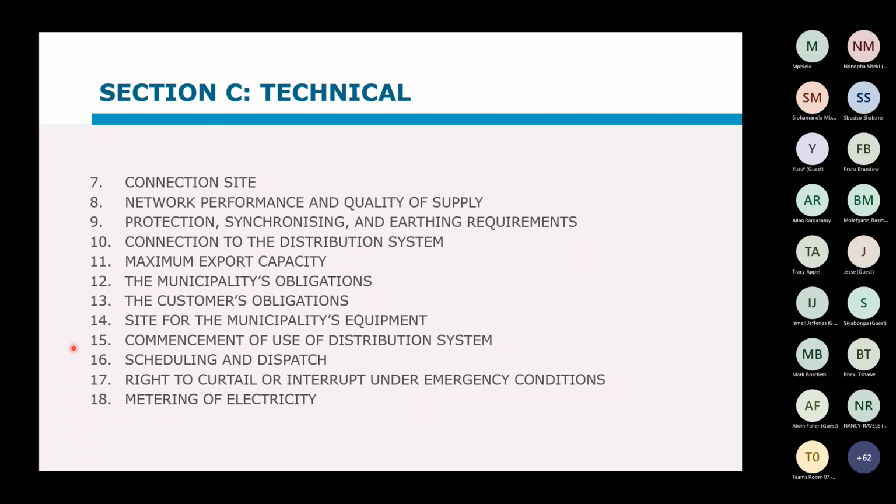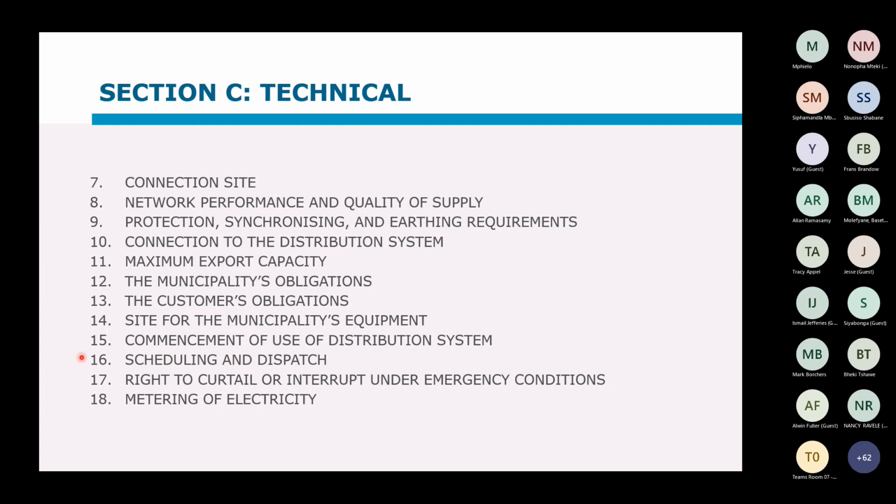Under which conditions can you start to use this distribution system? So I know under which conditions it is deemed that you've met all the requirements. And that also helps so that people don't just run away after commissioning. They still have to prove compliance to all the requirements.